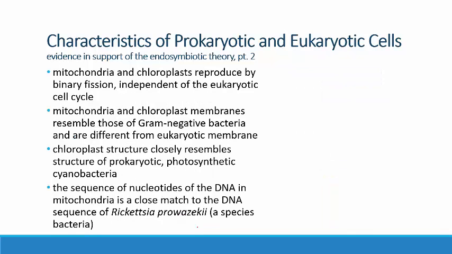More evidence. Mitochondria and chloroplasts, when they reproduce, do it by binary fission, and they do it on a cycle that is independent of the eukaryotic cell cycle. When we look at the membranes of mitochondria and chloroplasts, they are constructed in a way that is much more similar to a gram-negative bacteria's membrane than to the eukaryotic cell's membrane in general.